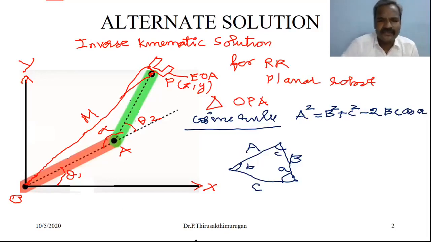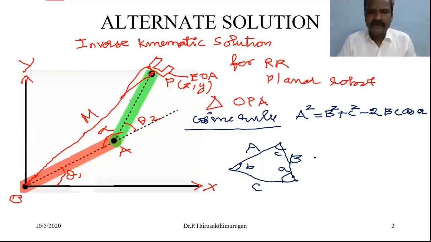So this is the relation. Suppose we consider B, B square equal to A square plus C square minus 2AC cos b. This is the cosine rule.